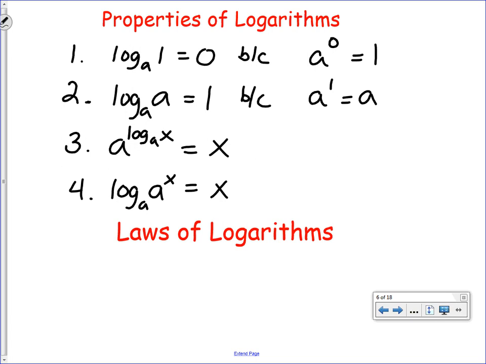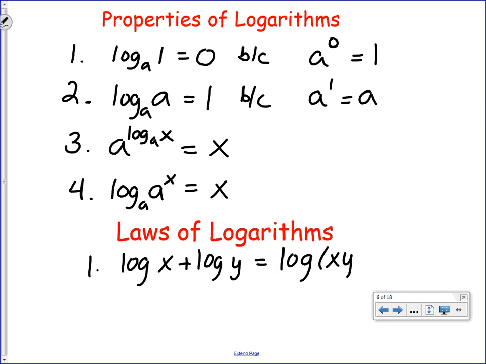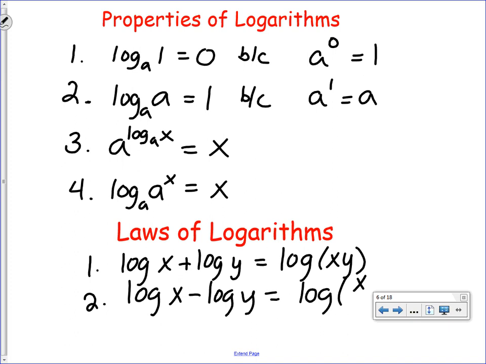All right, and then there are 3 laws of logarithms, and this has to do with expanding and condensing logs, and it works like this. If you have log of x plus log of y, that will equal log of x times y. And if you have log of x minus log of y, that would equal log of x divided by y.